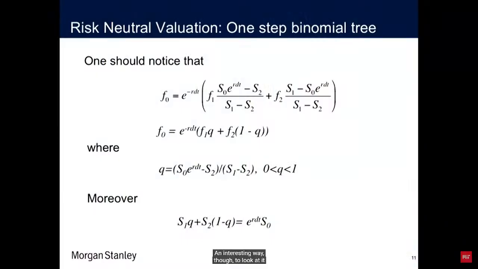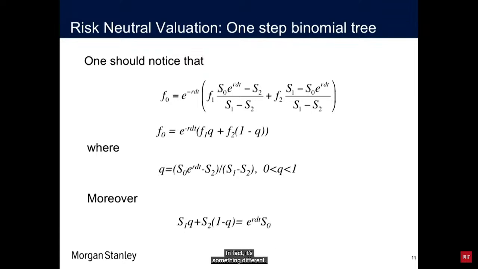An interesting way to look at it is to rewrite this formula slightly in such a way that it reminds us of taking an expected value, maybe discounting it, because this is an expected value sometime in the future. But this probability, and it is a probability because this number Q here is between 0 and 1, has little to do with the real world, right?